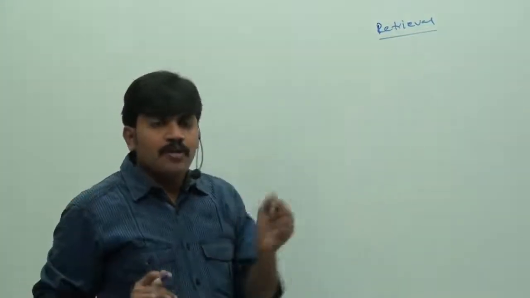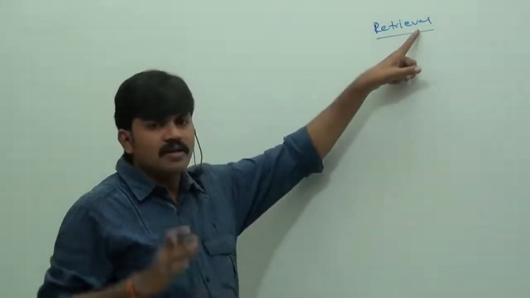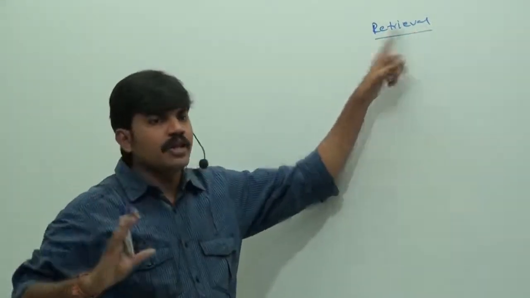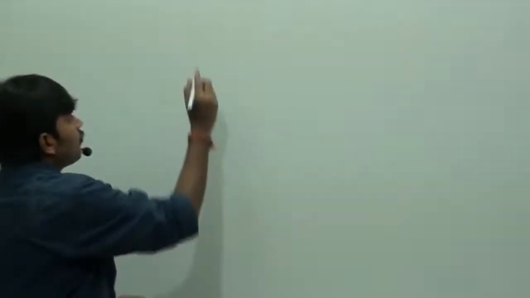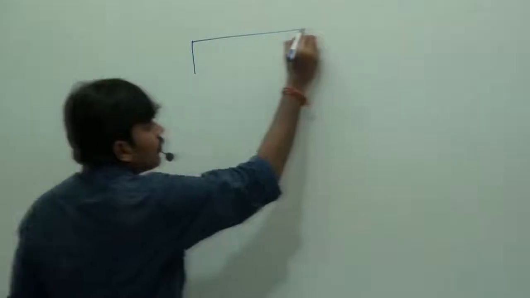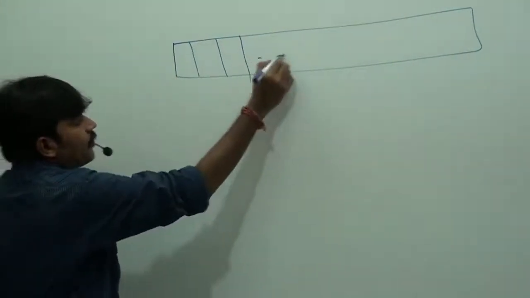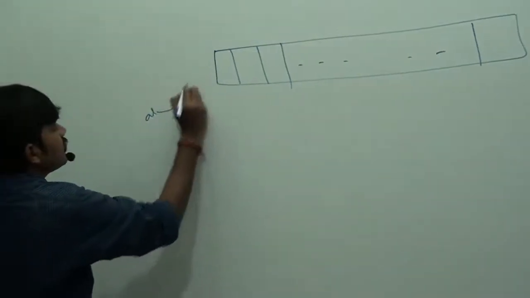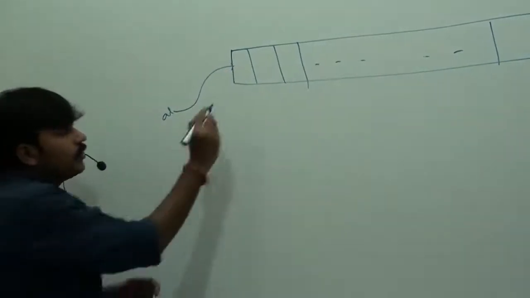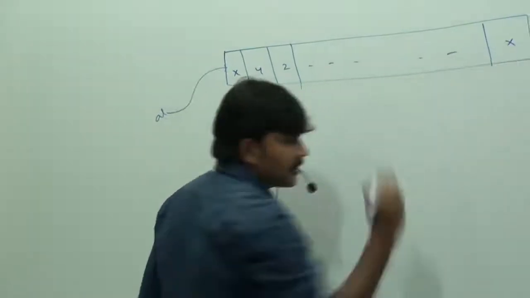But where is ArrayList the worst choice? Just observe this. Suppose my ArrayList contains 1 crore elements. Here x, y, z and so on are the elements.